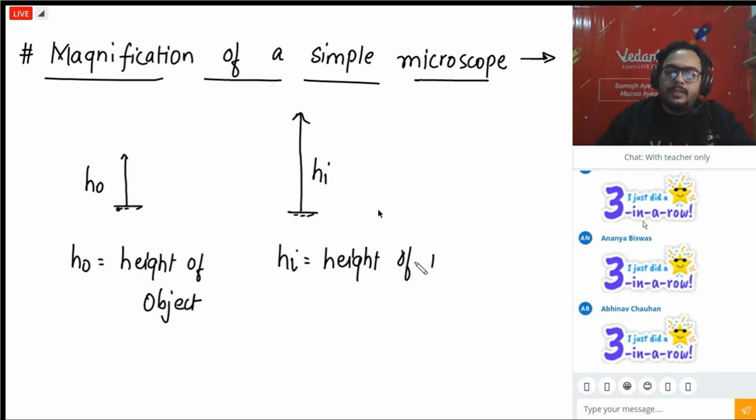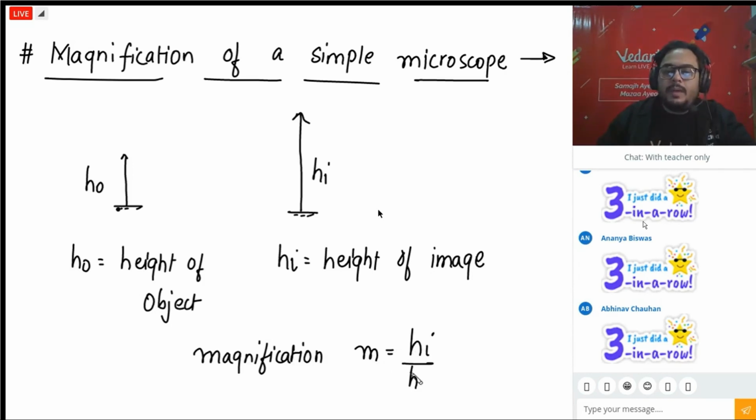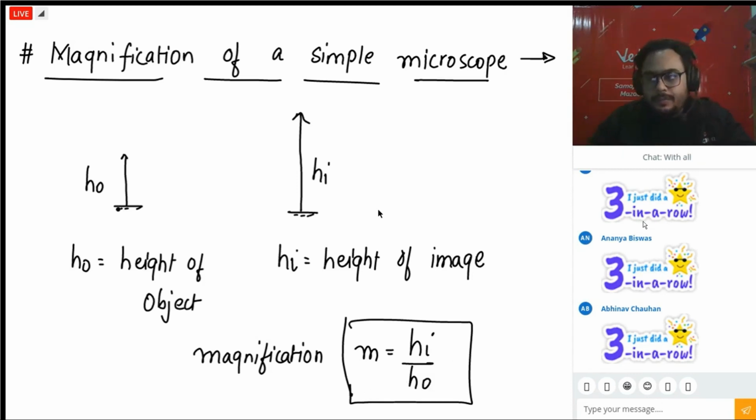Then magnification M is simply given as height of image by height of object. So magnification is the ratio of height of image and height of object.